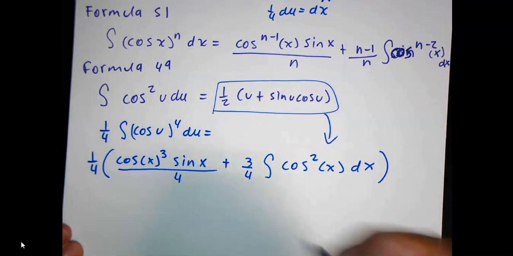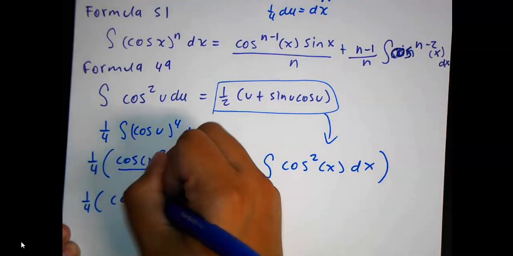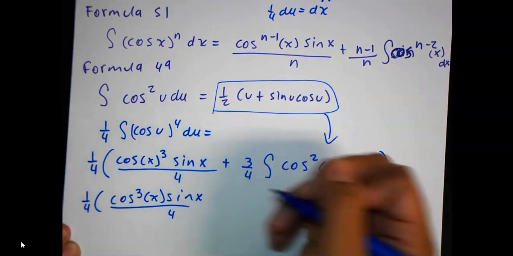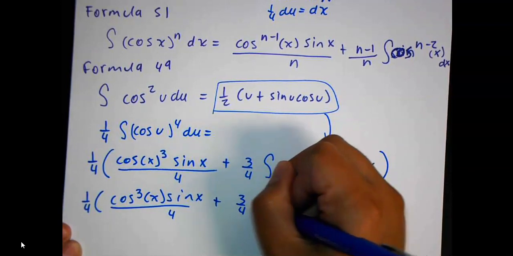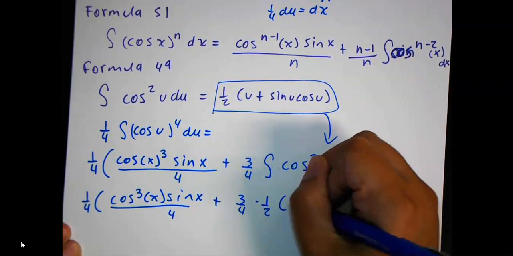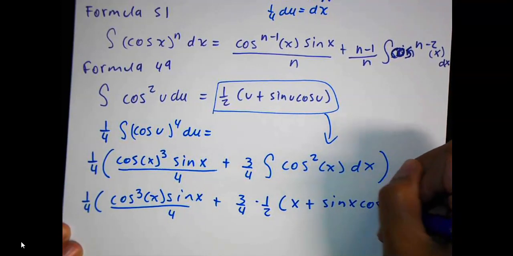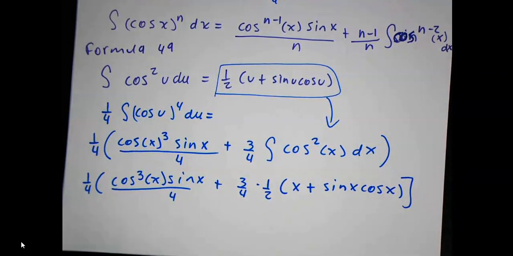Okay, so I got the 1/4 times cosine cubed x sine x over 4 plus 3/4 times 1/2 times x plus sine x cosine x. I'm going to simplify a little bit.